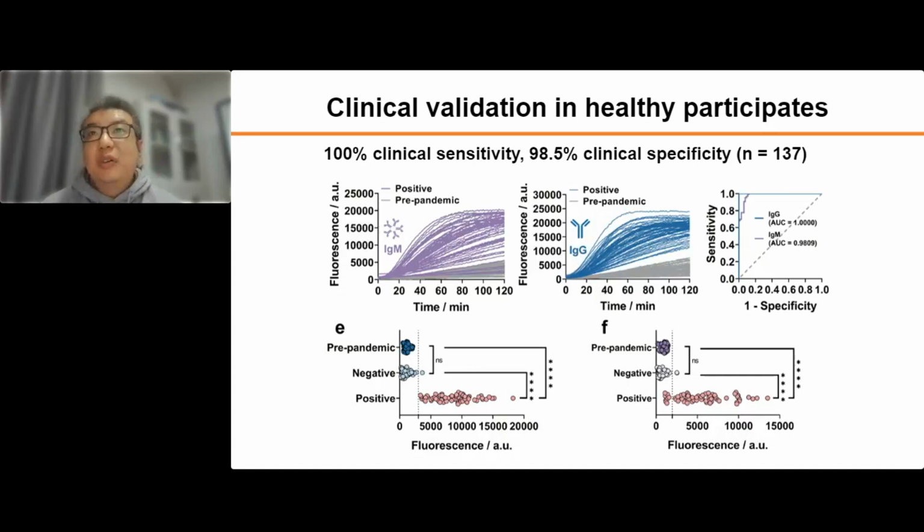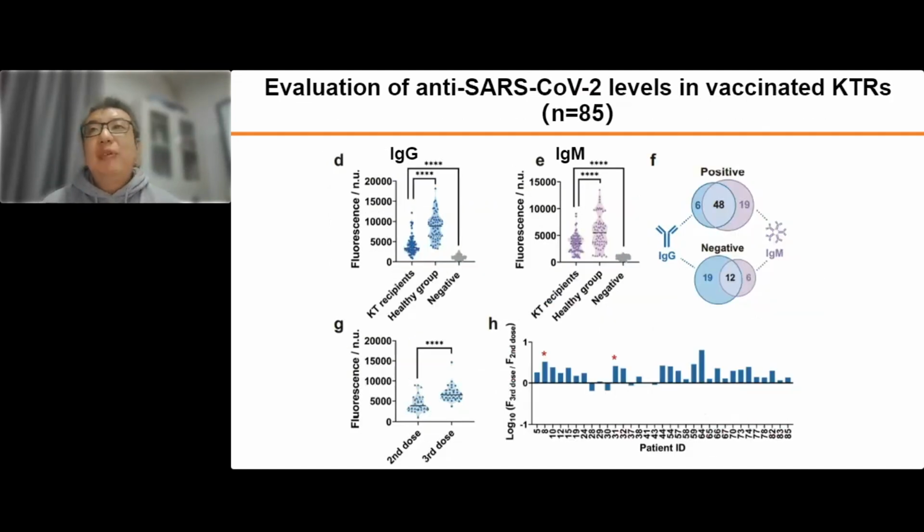And it is also highly specific, giving us a minimum amount of false negative or false positive results. And then we used it to test the serum level of SARS-CoV-2 antibodies in the kidney transplant recipients.